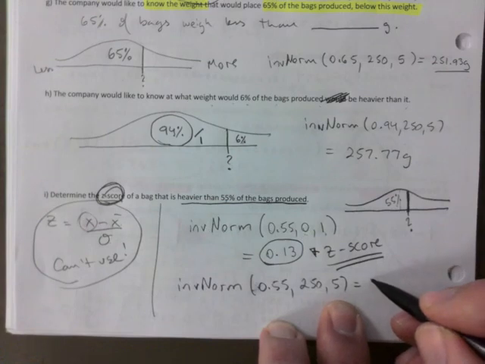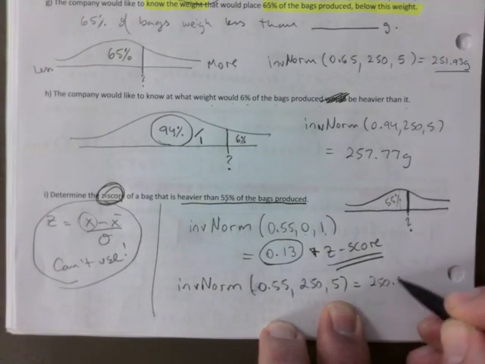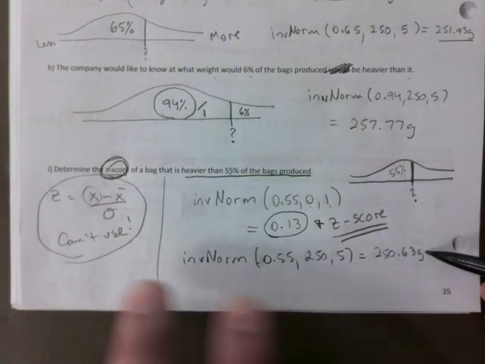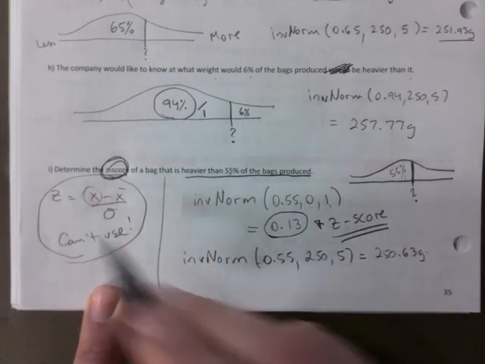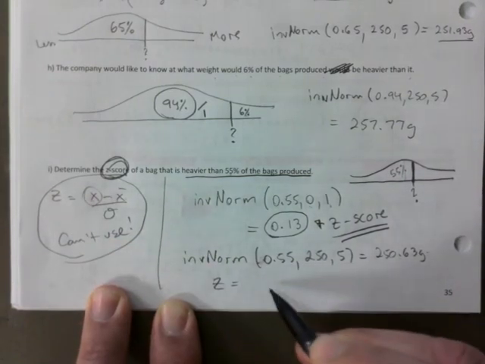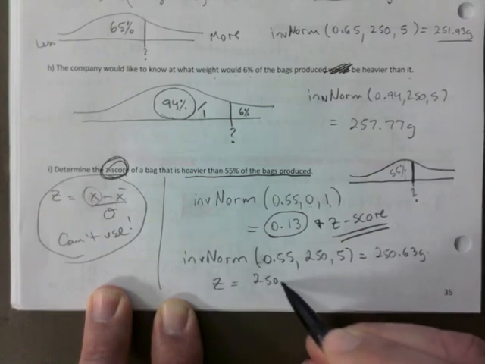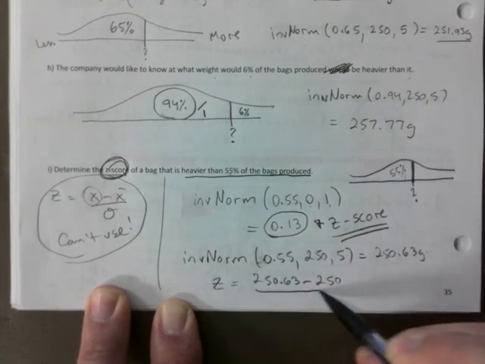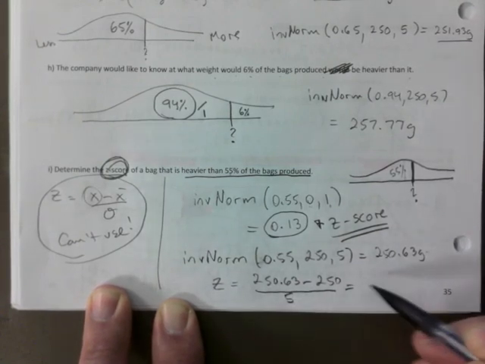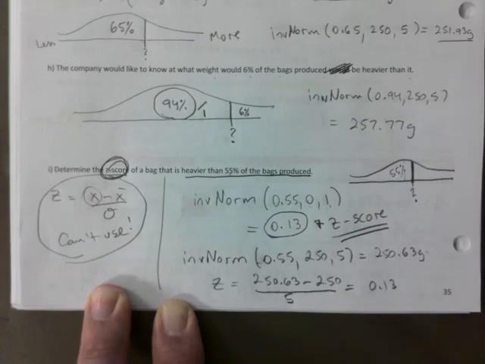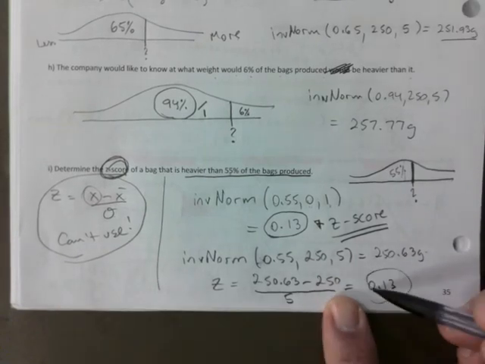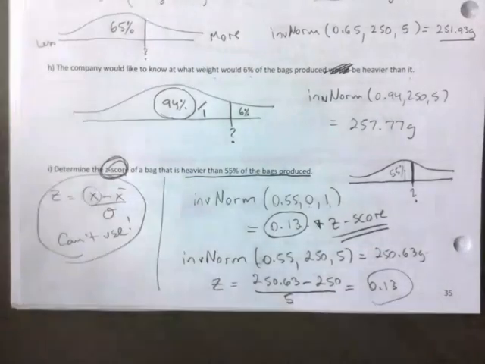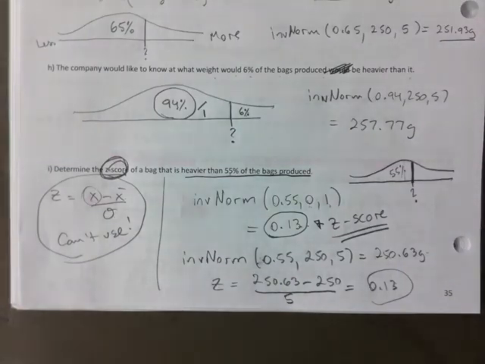Then you get 250.63 grams. Once you get that, you can use this formula to figure out your z-score. So it's 250.63 minus 250, divided by the standard deviation. You still get 0.13. Okay? So regardless of how you do it, you should arrive at the same conclusion.